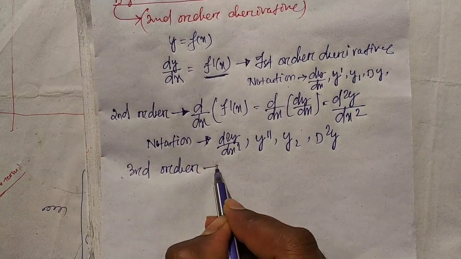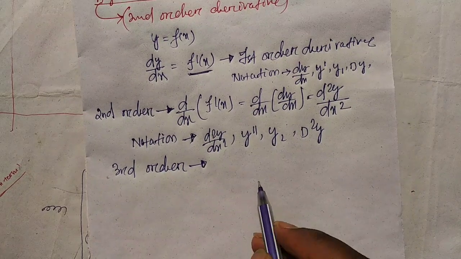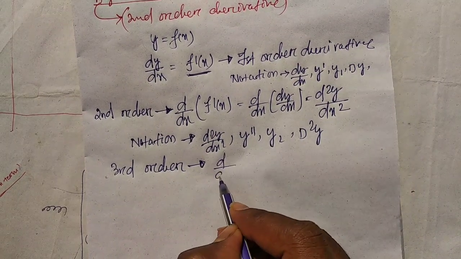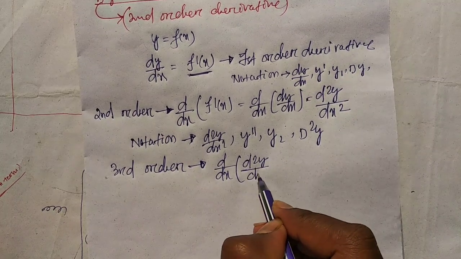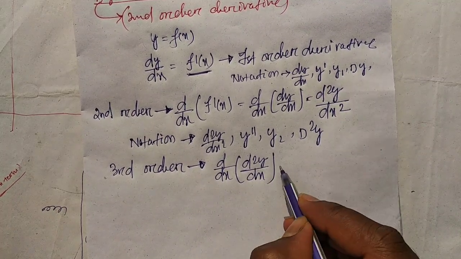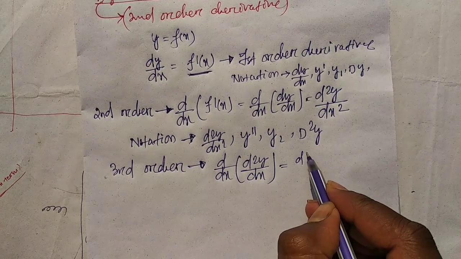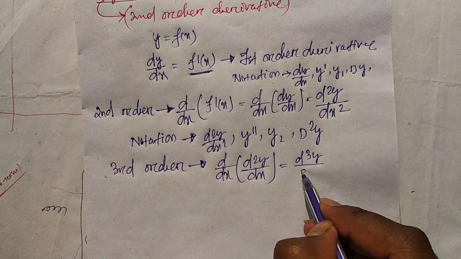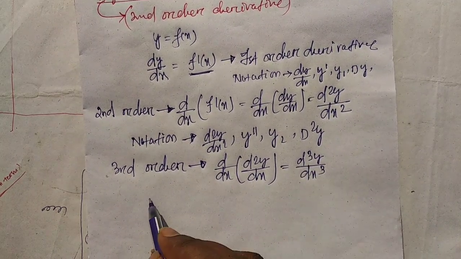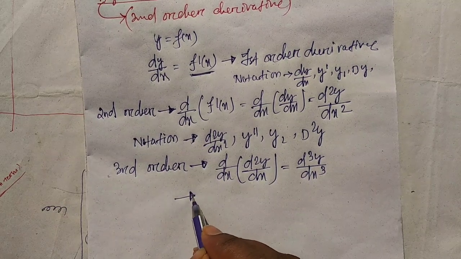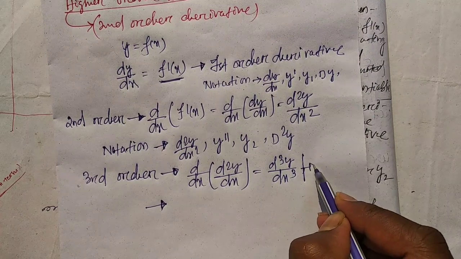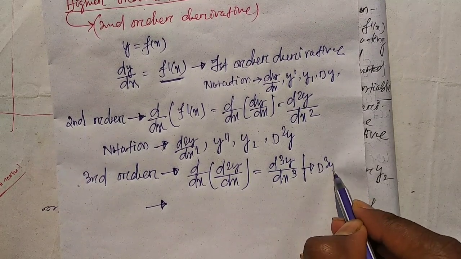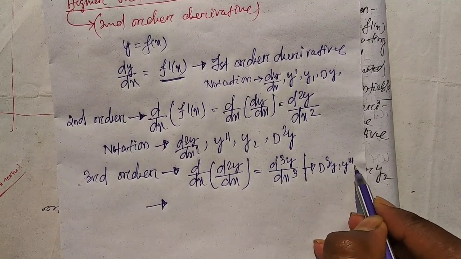That is nothing but we have to differentiate the second derivative with respect to x again. So this will give us third order, that is d cube y by dx cube. The notations, I am writing here, are D cube y, y triple dash or y3.